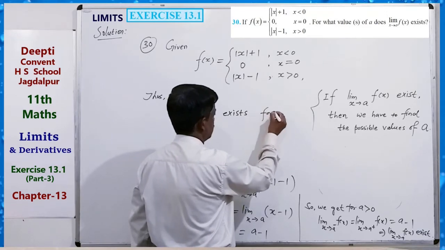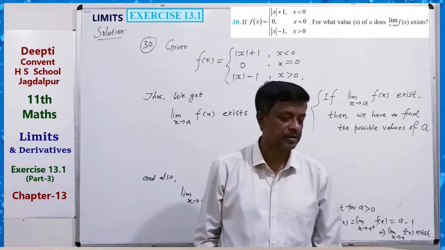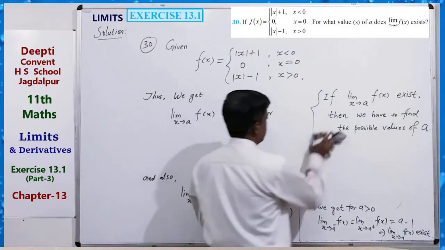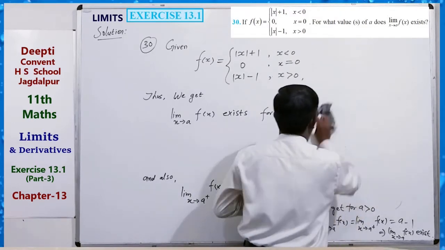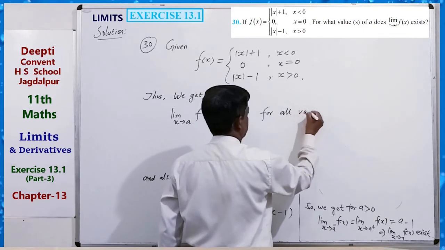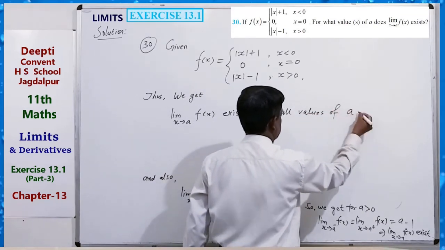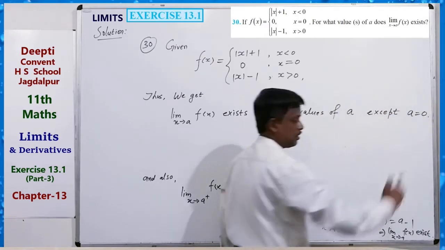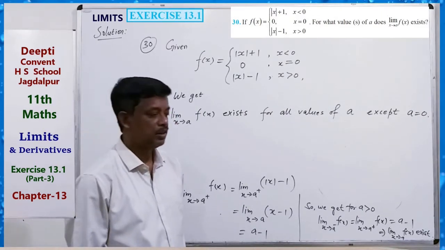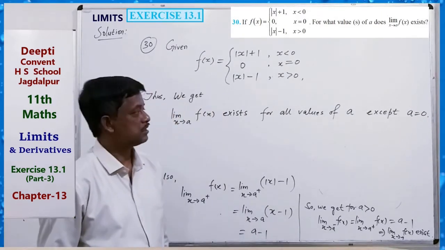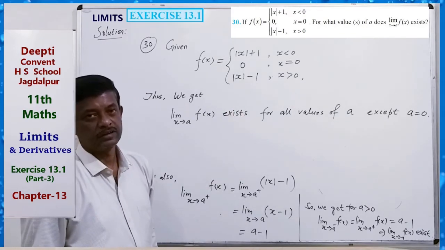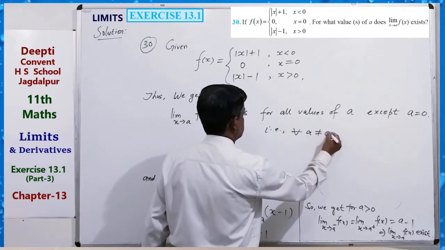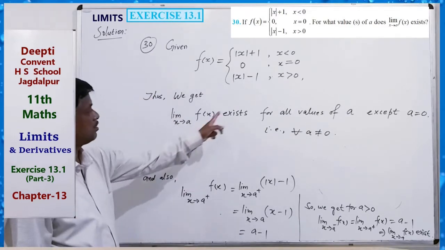For all values of a except a equals 0. For all a not equal to 0 it exists.